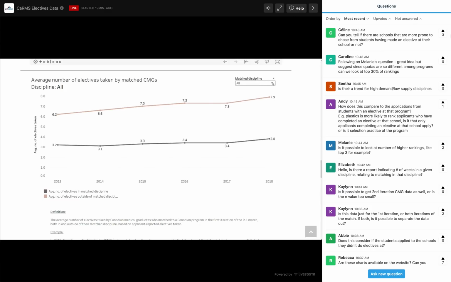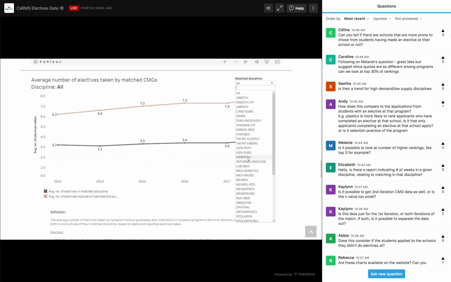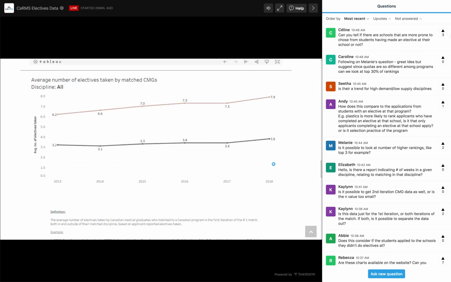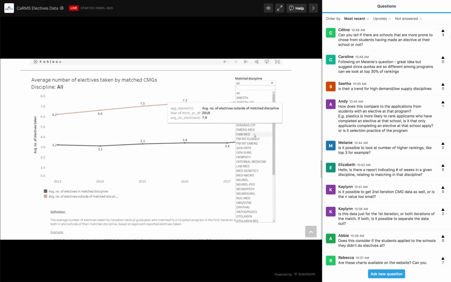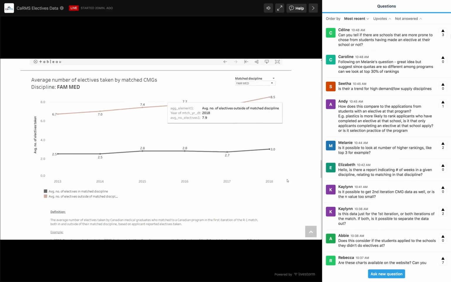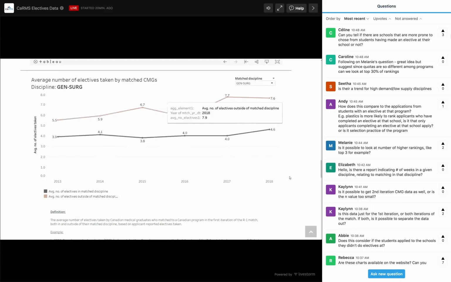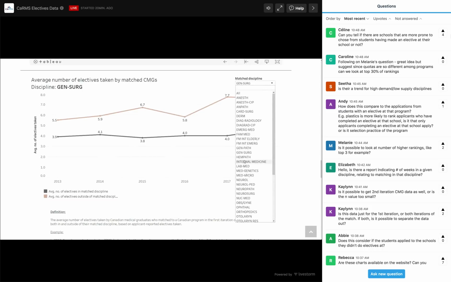And we'll look at, again, our familiar disciplines, family medicine. It didn't refresh, so we'll take another run at it. So there's family medicine. There's general surgery. There's internal medicine.